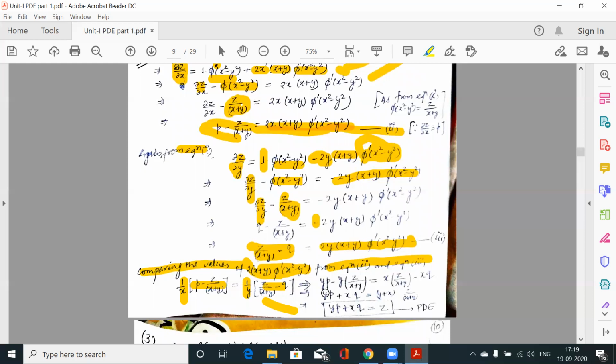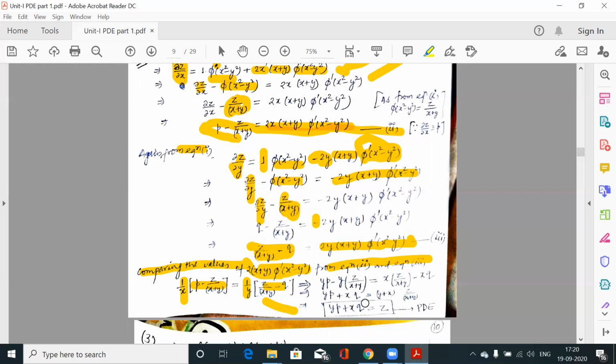Now we have to simplify it. We always make our answer in the simplest form. So just multiplying and shifting the terms here and there, we are getting the right answer. So yp is just simply taking the LCM and shifting.